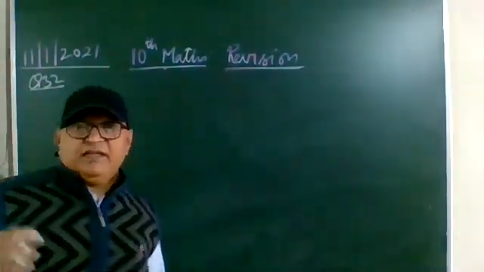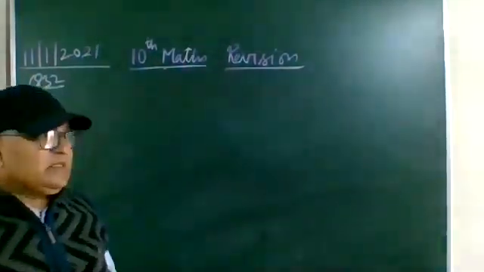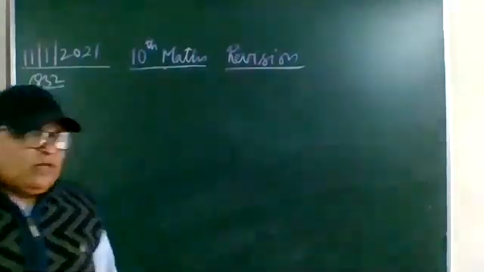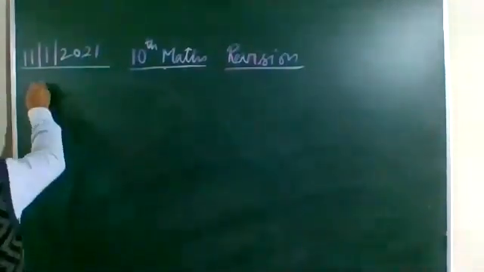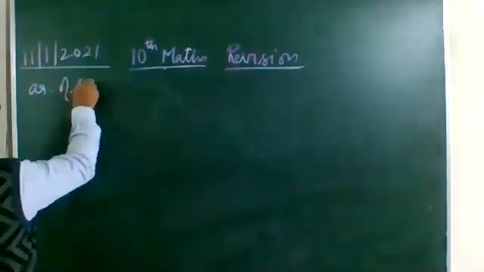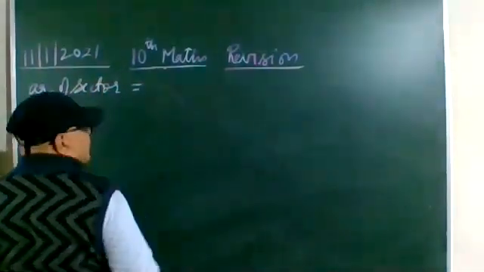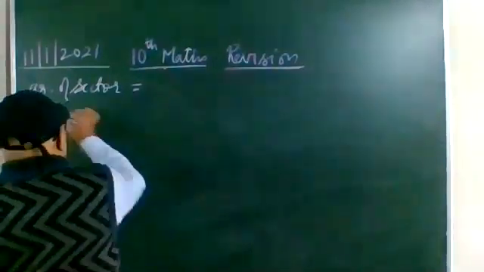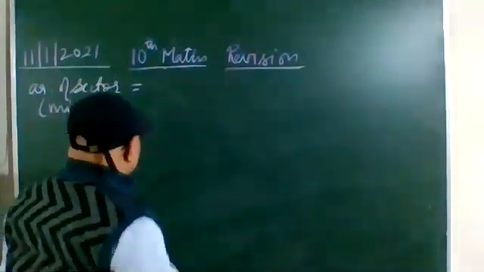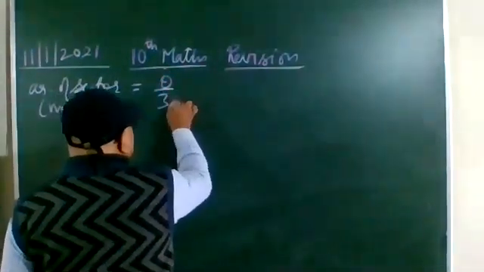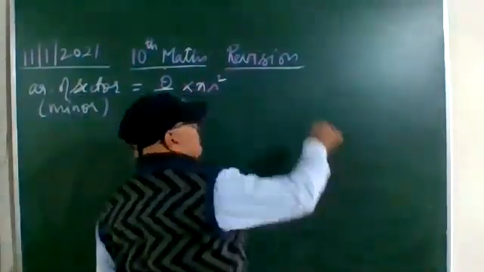Theta equal to 120 degree is not taken in the syllabus this time. Now area of sector: when I talk about a minor sector, the area of minor sector is theta upon 360 into pi r square.